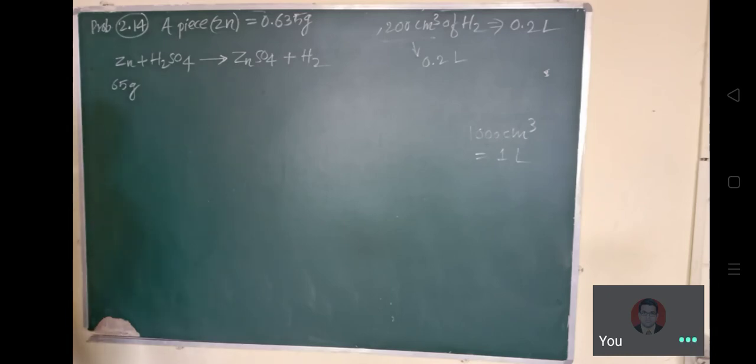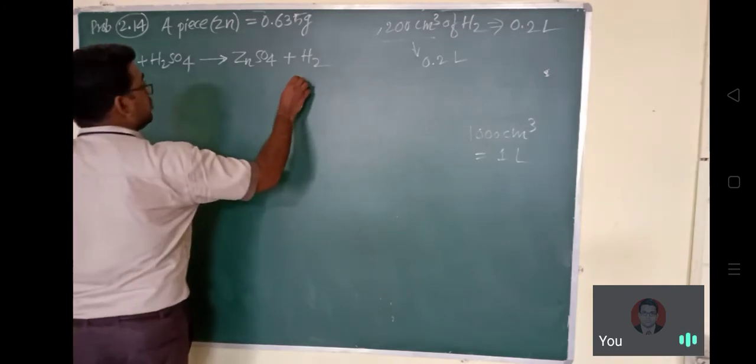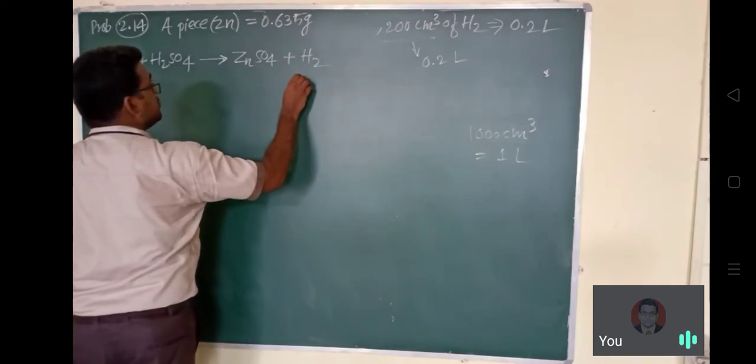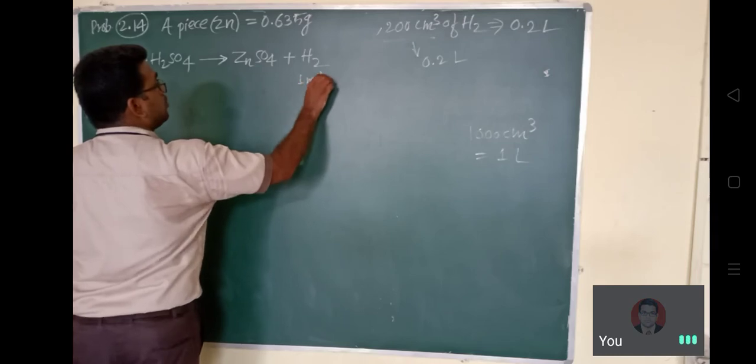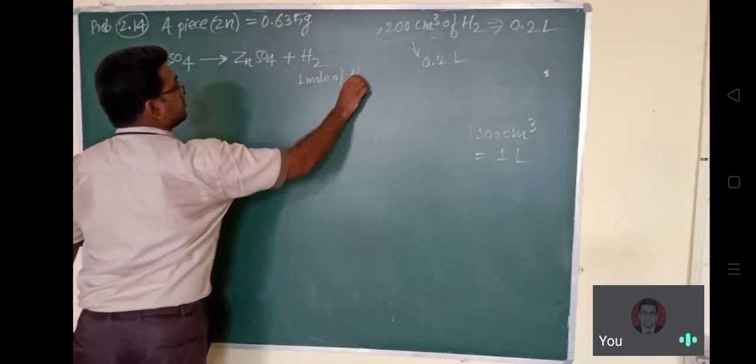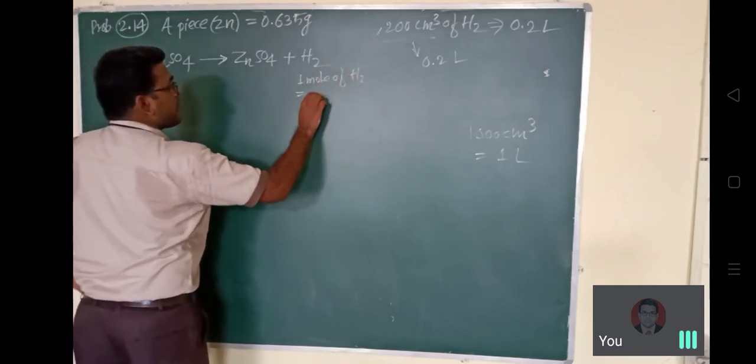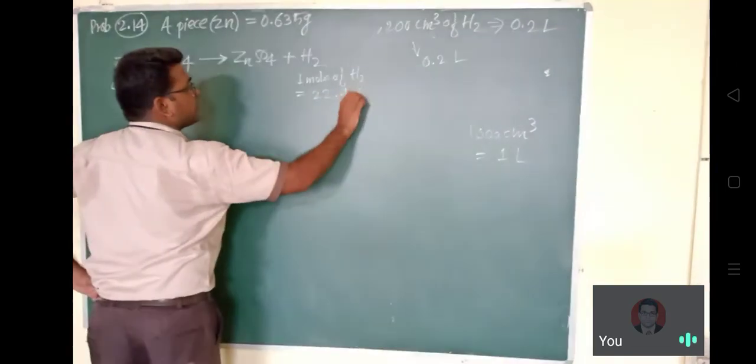Now look here, 1 mole of hydrogen is present. So 1 mole of hydrogen is equal to 22.4 liters.